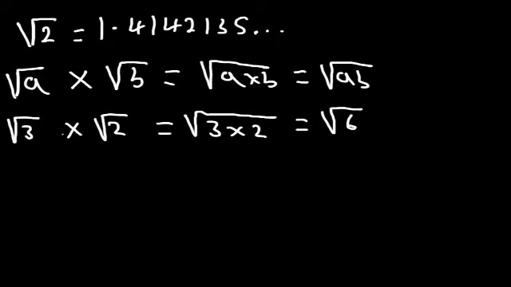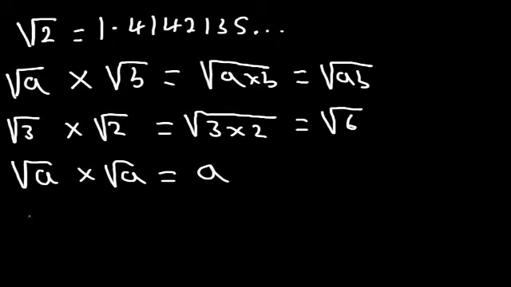Perfect. Now the next question is, what if these values turn out to be the same thing? What am I saying in essence? What if you have values like square root of a multiplied by square root of a? For a problem like this, just keep in mind your answer will be a. But let's apply the law and see how it works.